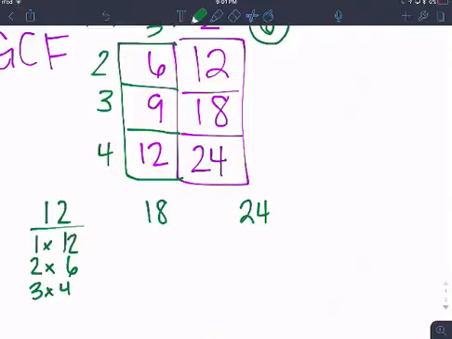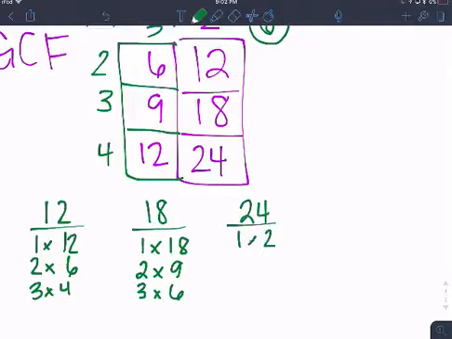These are all factors of 12. And that is it. 18, we have 1 times 18, 2 times 9, and 3 times 6. And 24, we have 1 times 24, 2 times 12, 3 times 8, and 4 times 6.